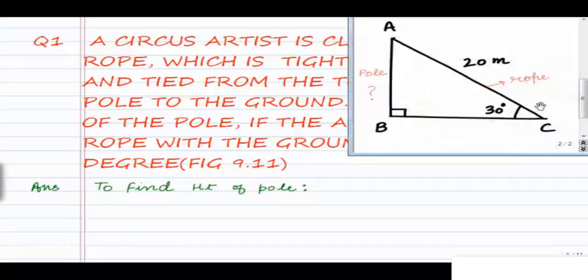In this question, the circus artist is climbing a rope which is 20 meters long, and this rope is making an angle of 30 degrees with the ground, and on this side this rope is tied to a vertical pole. So in this question we have to find the height of this vertical pole. What we have to find is the height of pole AB.